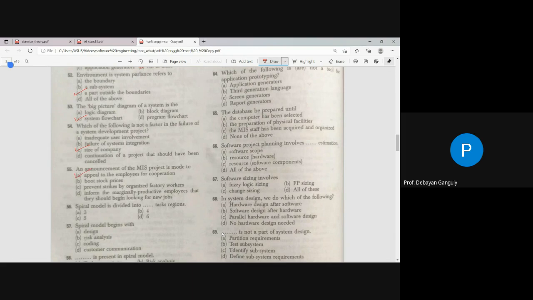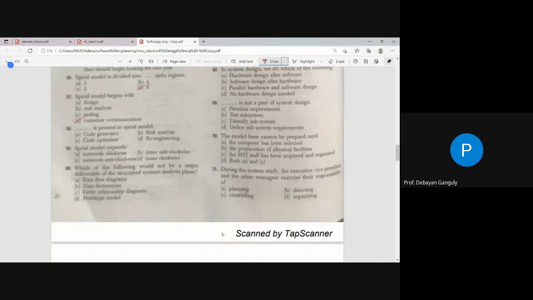The spiral model is divided into, you can say, six tasks. The spiral model begins with customer communication, because you have to know the information. It's present in the same questions again. That means risk analysis.